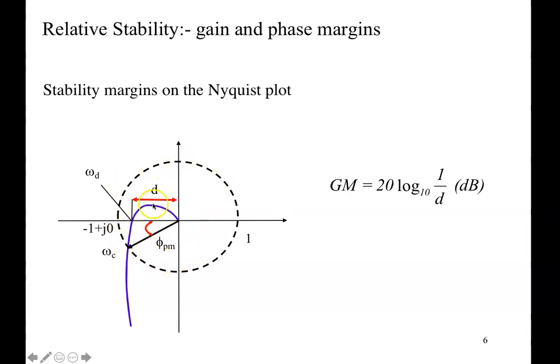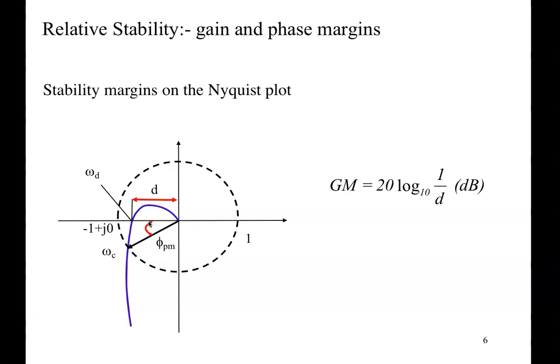Now this circle, the center of that circle is the point of origin. The radius is 1. The point where it crosses this circle, if you draw a line from the point of origin towards here, this angle is how much negative phase you can get before the system becomes unstable. That's called a phase margin.